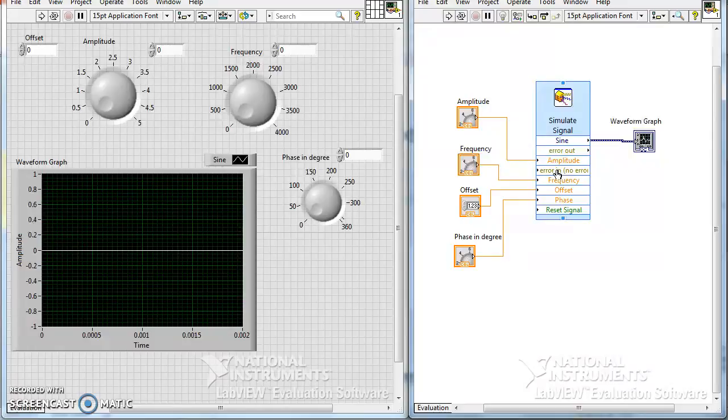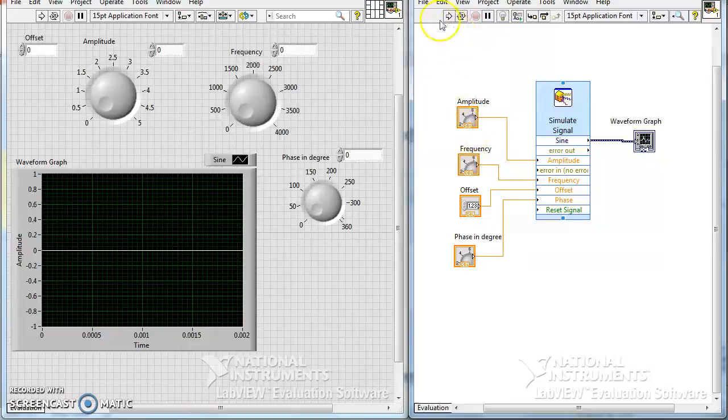We will have modulators, demodulators, oscillators, etc. Error in specifies if there is any error in the previous block of a communication system, which will be fed as input to this terminal. If this block itself is generating any error, that can be taken out from the error out terminal. We have one more parameter which is used to reset the signal.